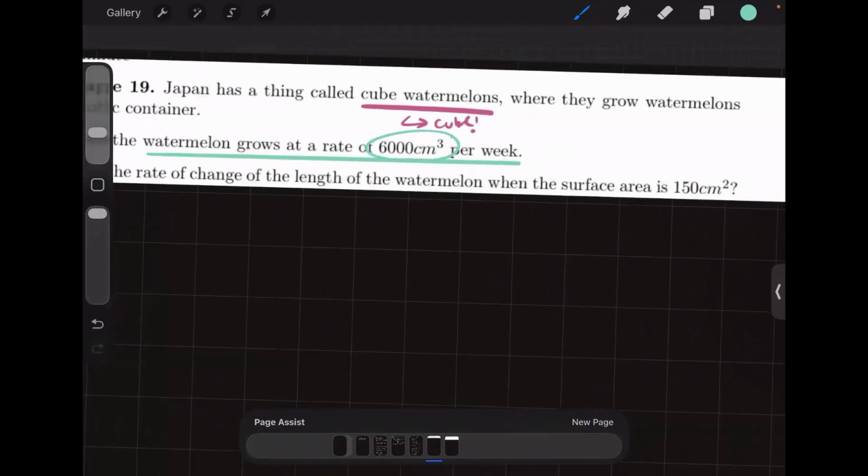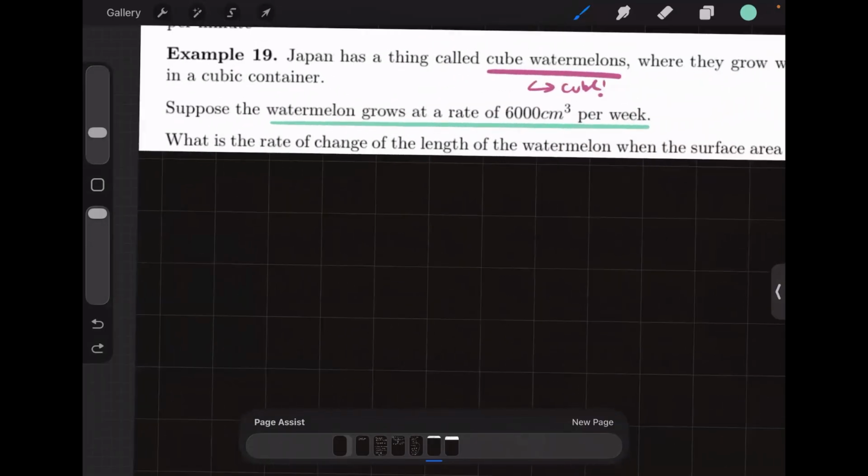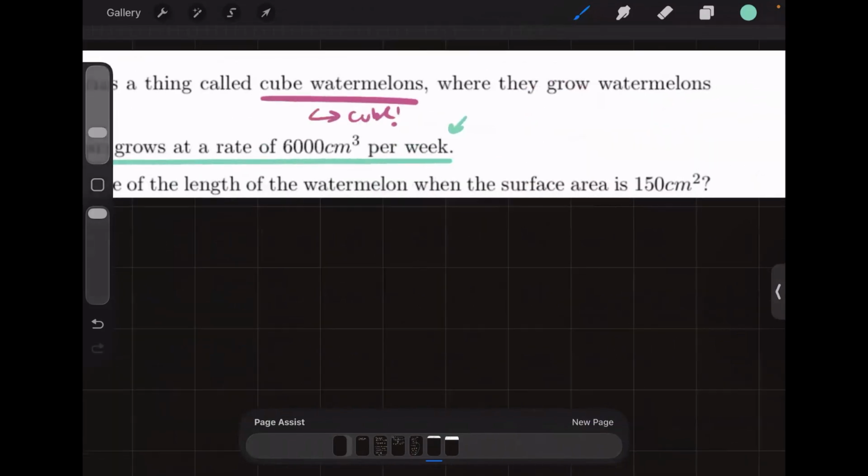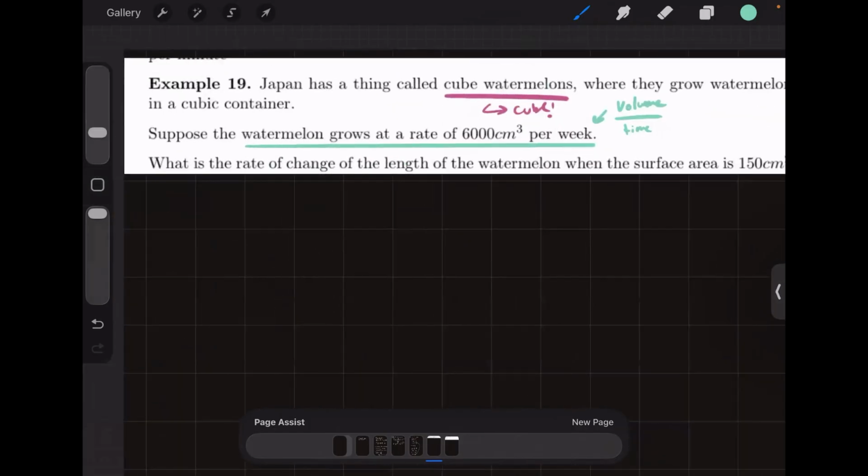This is a volume, and this is volume in terms of time, volume per time. I'll almost always give you units of time as week per week. If I'm saying week for one thing, use weeks for all of it.